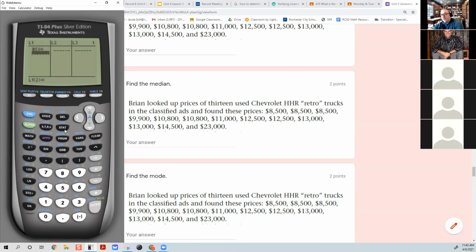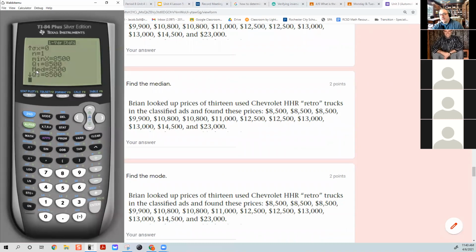Once you have all the data in your list, you go to stat, go to the calc menu, choose 1-Var Stats, press enter a few times, and then this X with a bar over it, literally called x bar, is the mean. The mean of this data set is not going to be 8,500. I'm just giving you this as an example.